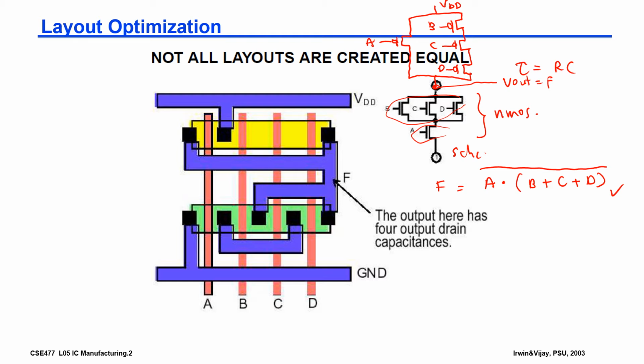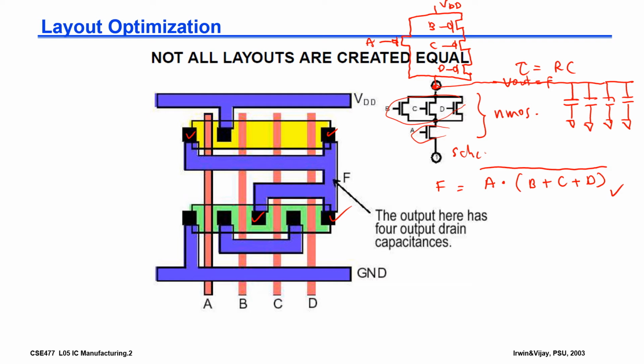So over here you're going to have 1, 2, 3, and 4 drain capacitance. When you have a contact like this, you're actually going to have 4 drain capacitance. What does it mean by 4 drain capacitance? It means that at the output here, you're going to have 4 capacitance at the output.